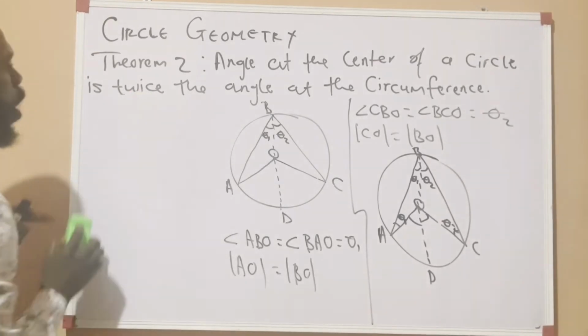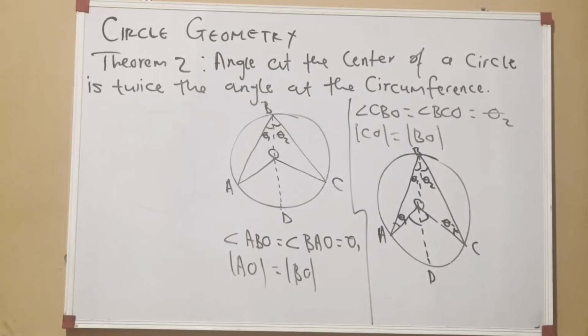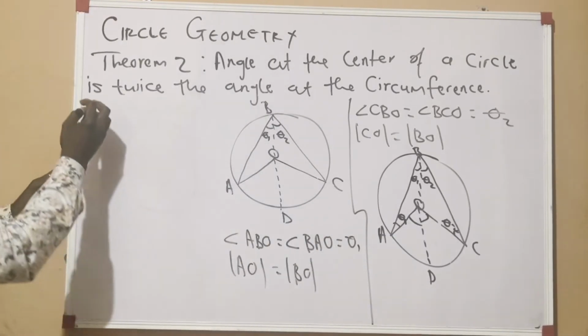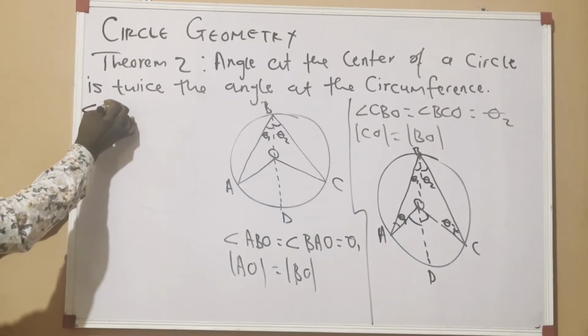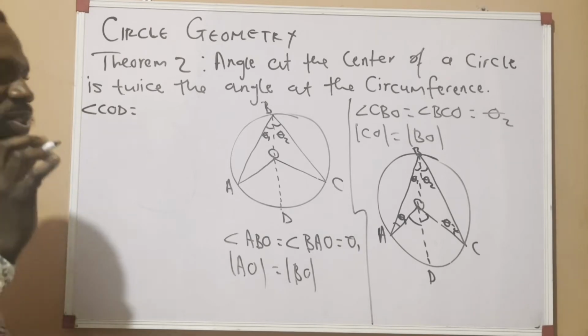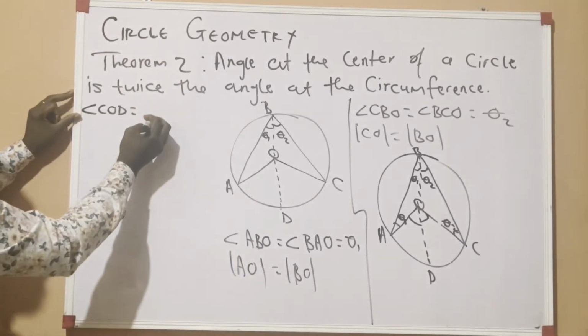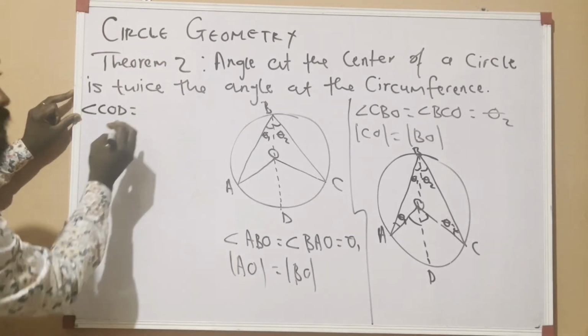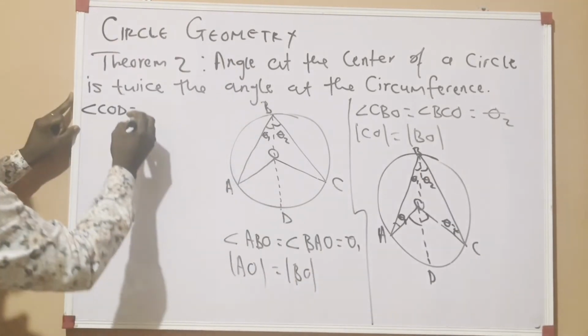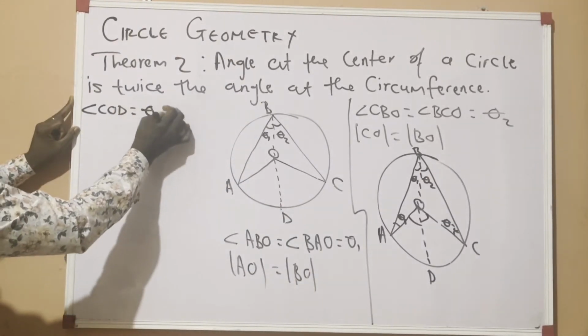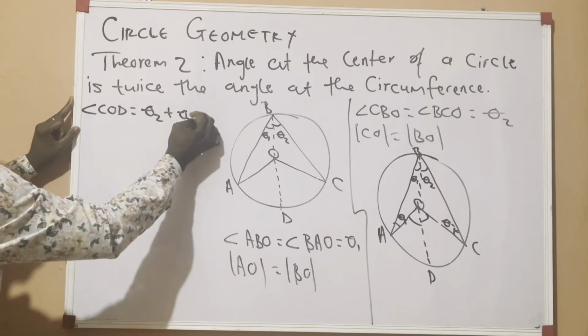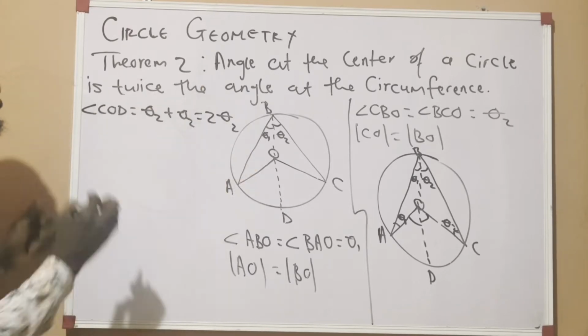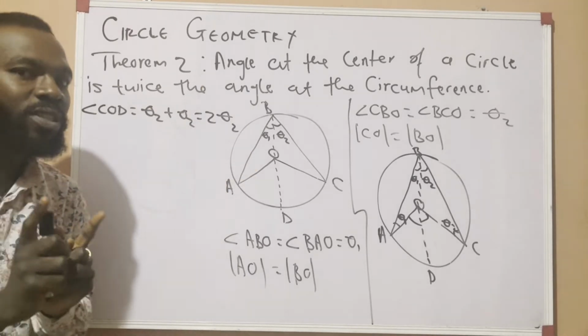Okay, now for us to be able to get angle COD, angle COD is equal to theta 2 plus theta 2, which is equal to 2 theta 2. Now the question is, how did I do that?